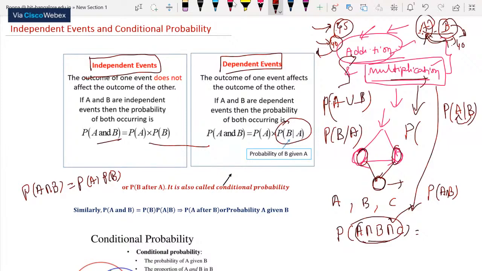Now the same example. Suppose A and B are there. A logs in at 1:40, and whether B logs in or not, he is not worried about that. Now, the probability of attending my online class for both A and B is nothing but the probability of A into the probability of B, because neither of the events A and B depends upon the other.